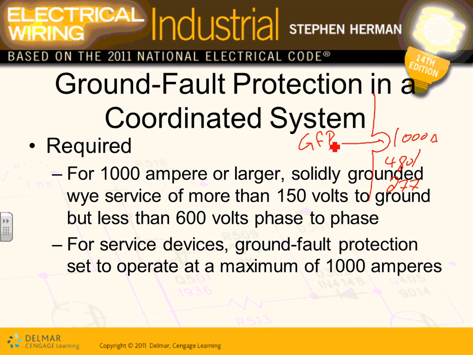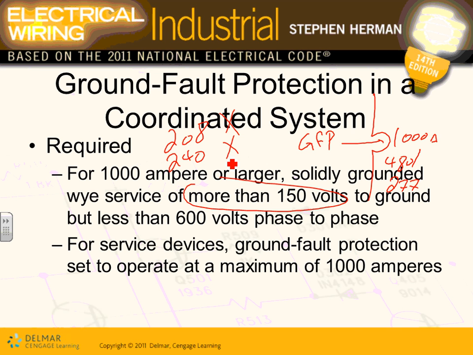So what they do, Karen, is they have a specially designed function or device that can be installed in the circuit breaker or separate, that looks at the ground fault, the current coming out of the phases, coming back on the neutral, and if there's a substantial difference between the two, it will trip. So the only thing you need to understand, guys, is that it is required on a 480/277 system, more than 150 to ground. So it's not required in 240. If you have a system like 208 or 240, these systems are not required for that. It's only required on 480/277 systems.